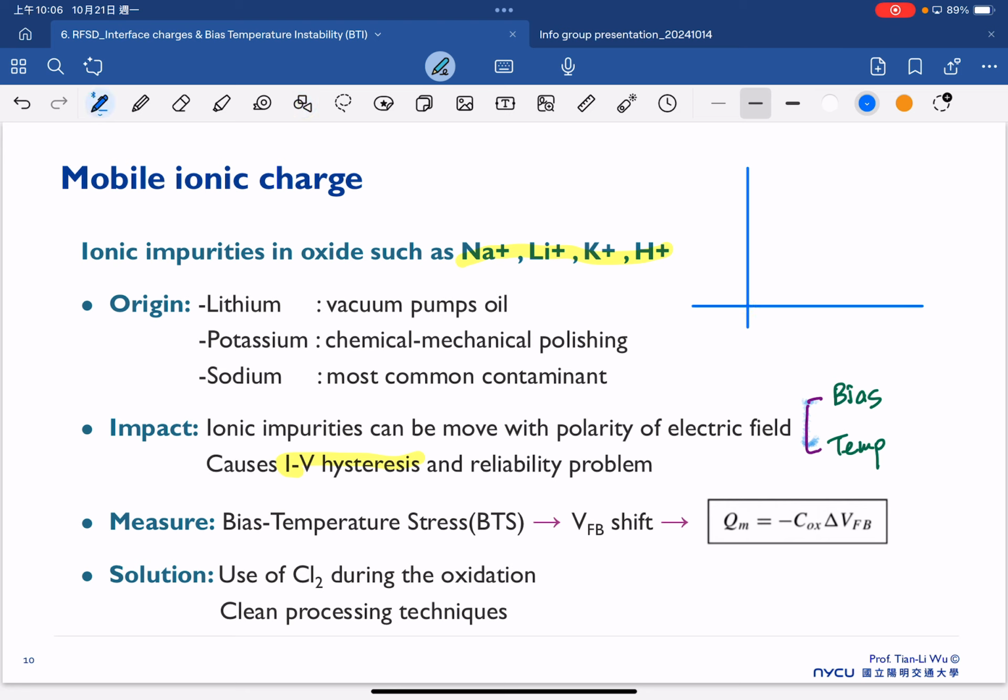If we do the sweep from low voltage to high voltage, and then from high voltage back to low voltage, then we will see this threshold voltage change. That's what we call hysteresis.